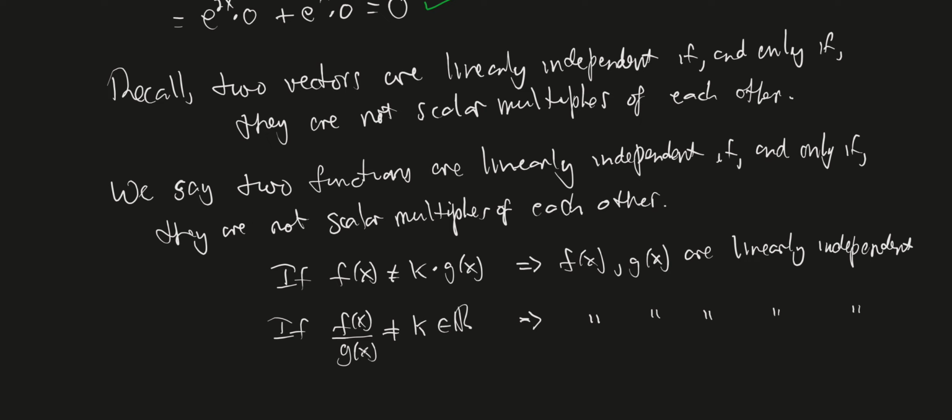And this would be for all x in some interval. And the reason why we need this concept now as applied to functions is because it tells us what must be true about these two functions in order to use this idea of a linear combination to get my general solution.